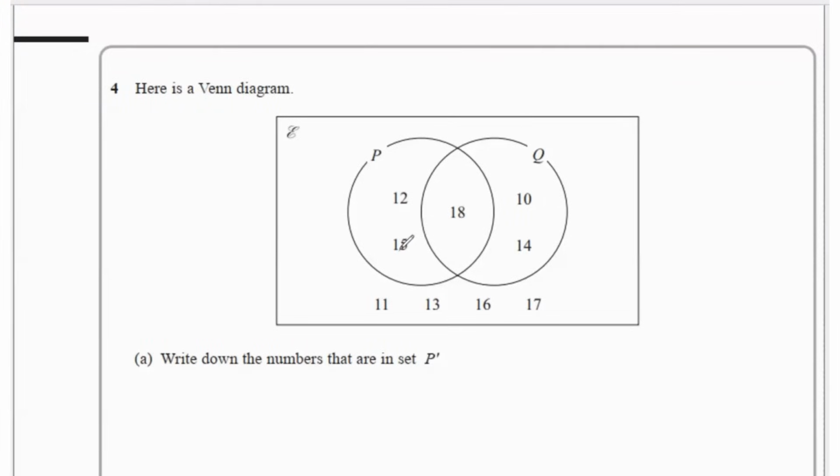P has 12, 15, 18. Q has 10, 14, 18. We're going to write 18 just once. So in total, we have 1, 2, 3, 4, 5 elements, and total elements are 1, 2, 3, 4, 5, 6, 7, 8, 9. So this is your probability for P union Q.